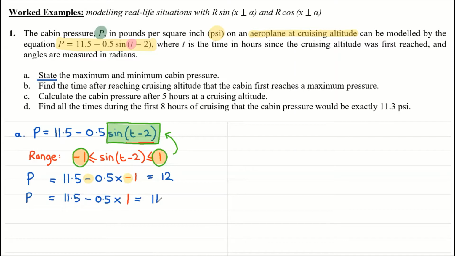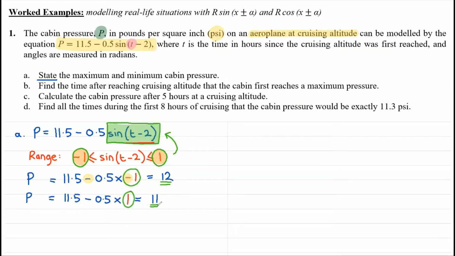Now, this might have been counterintuitive, but it's because we are subtracting the sine function from 11.5. Now, you'll notice that when we sub in the -1 here, this generates the maximum value, and when we substitute in 1, that generates the minimum value.